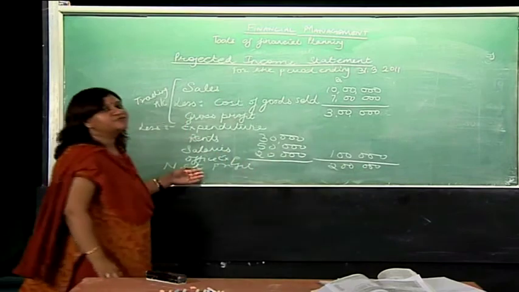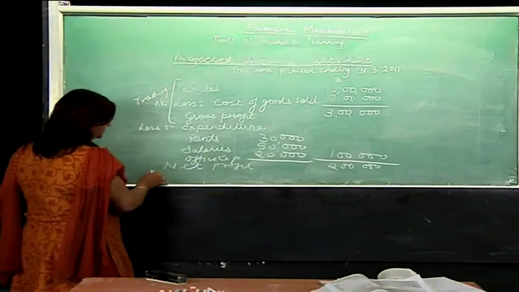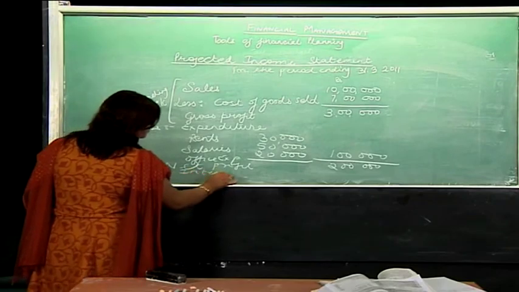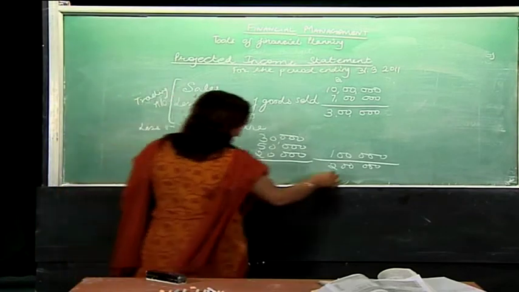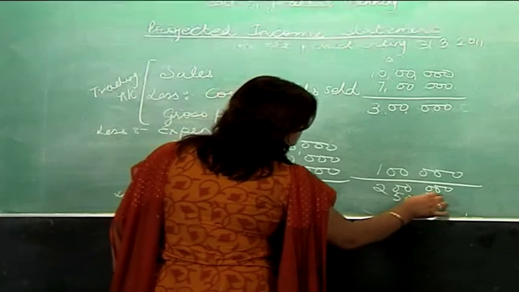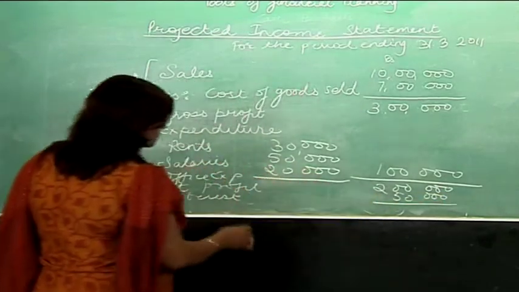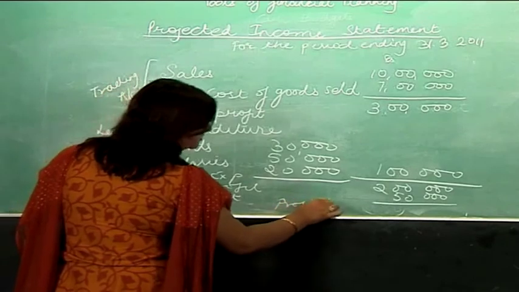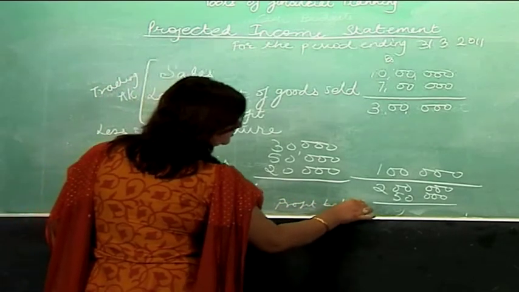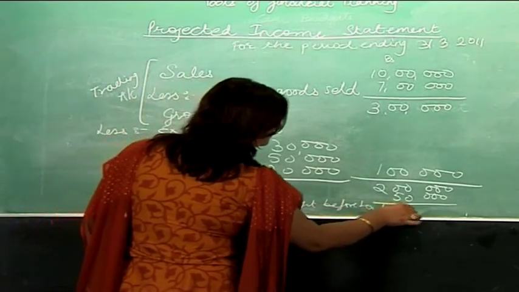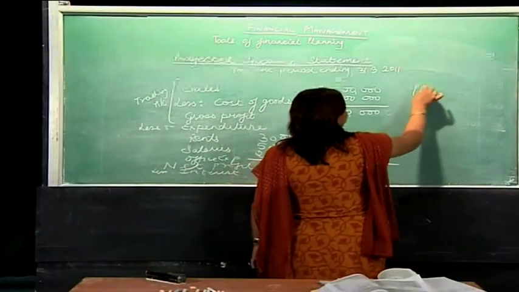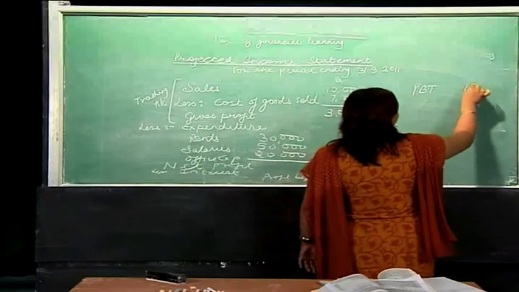This is profit before tax and interest. Now, we need to subtract interest. Let it be 50,000. So, our profit before tax but after interest is 1,50,000. Now, we have profit before tax figure as 1,50,000.